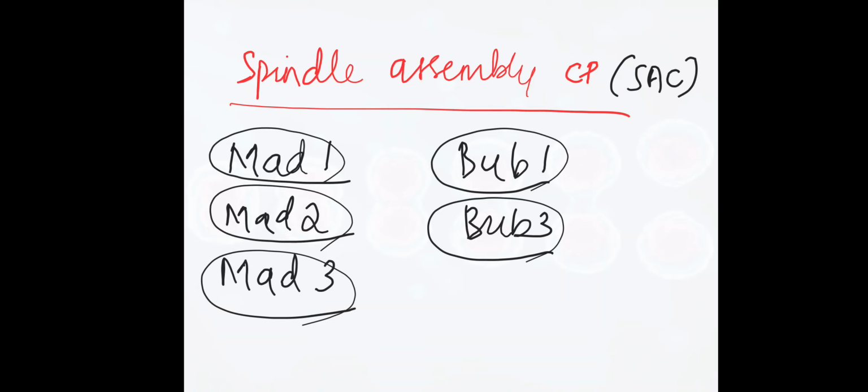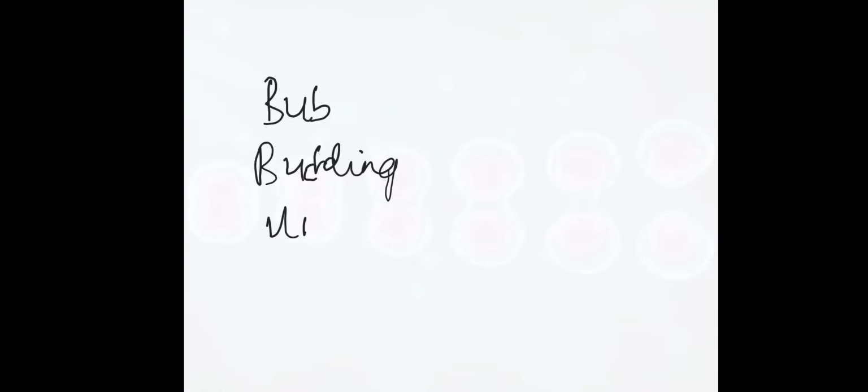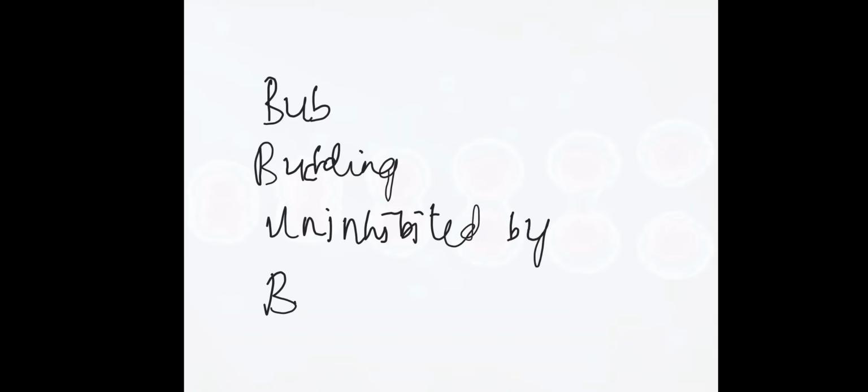So what is this MAD? MAD stands for mitotic arrest deficient. BUB stands for budding uninhibited by benzimidazole.